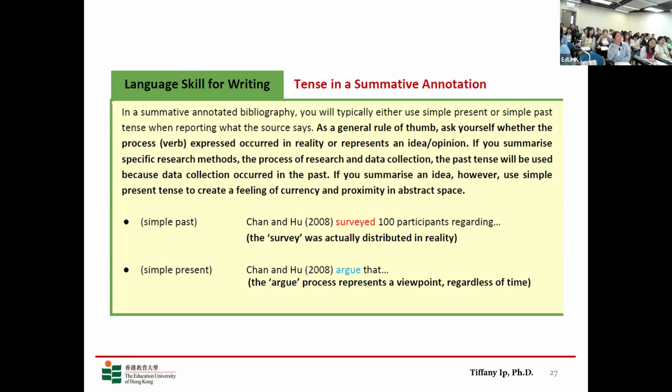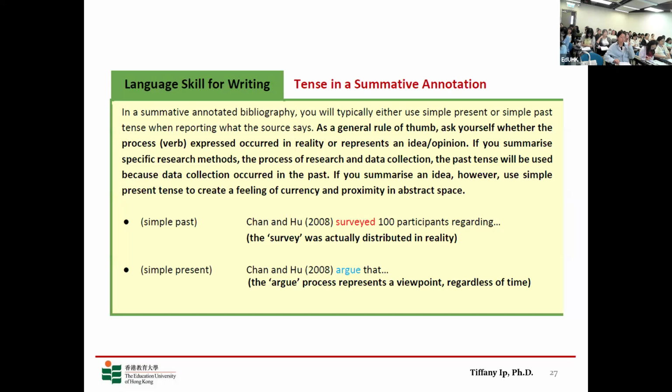So that is why I say Chen and Hu, 2008, right? This last example here, argued, it is okay because he did this study in the past. This is an old source. But then when I use present tense, I actually imply that I believe that this is still correct. Or he's talking about a phenomenon, right, or a theory or a definition that people still accept, right?